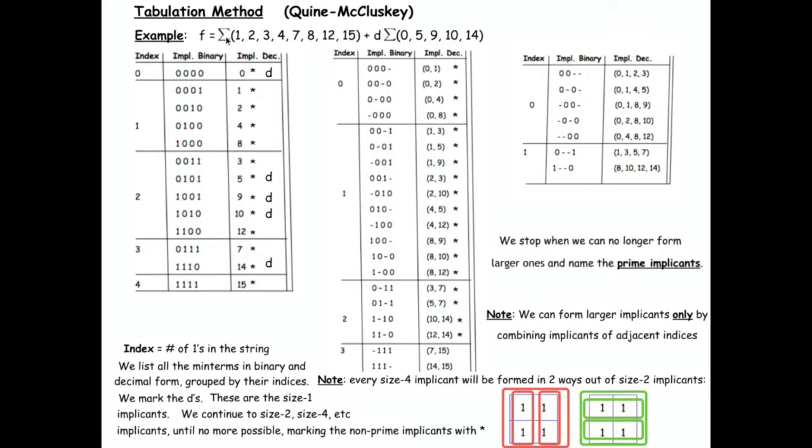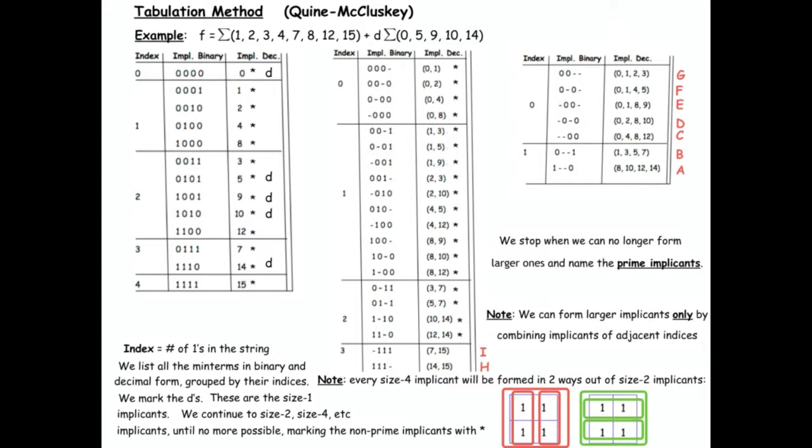To minimally express this formula, we ended up with 1, 2, 3, 4, 5, 6, 7, 8, 9 implicants, right? So there are 9 prime implicants. And now we just give them letter names, from A all the way to I, right?